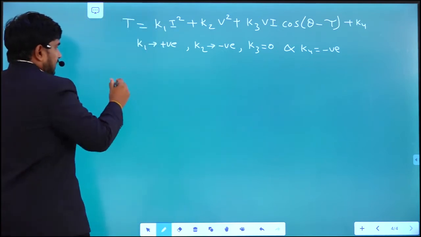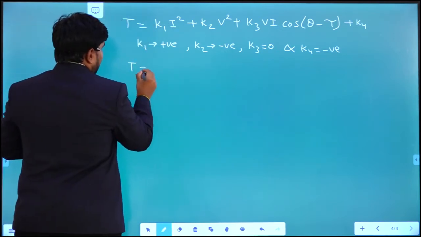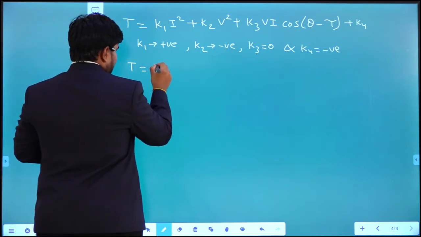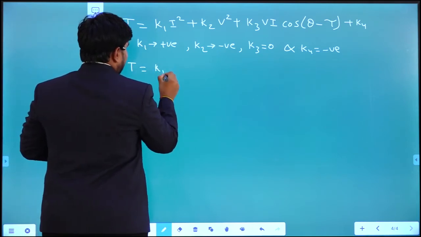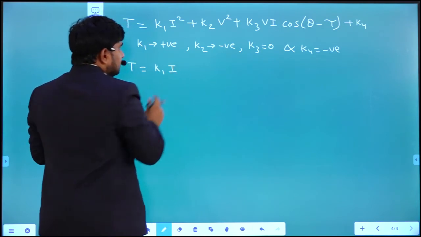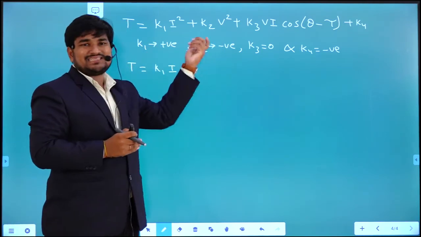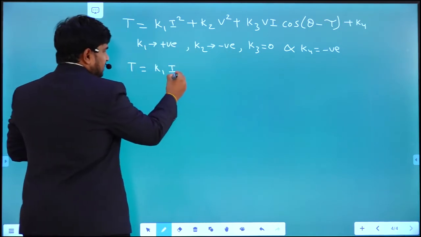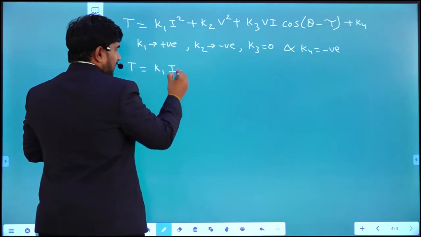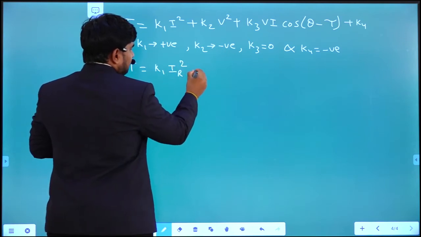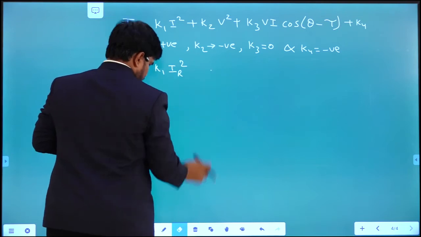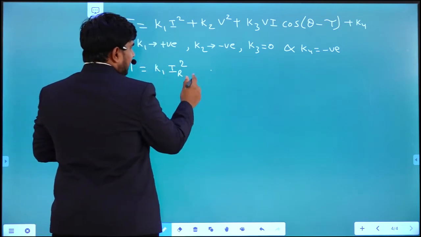Now the torque expression modified for the impedance relay is T equal to K1 into I square. This current and voltage is sensed by the relay, as we discussed in previous classes, so I am indicating that as IR: K1 into IR square.